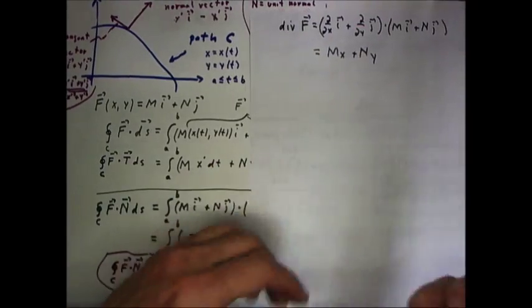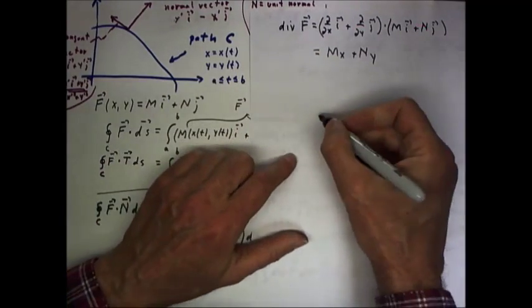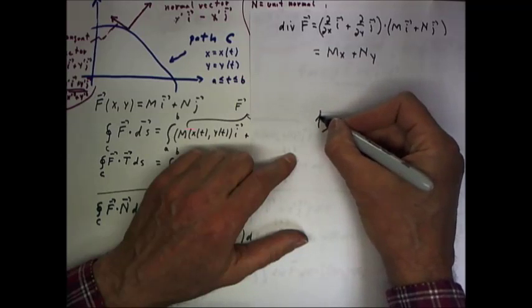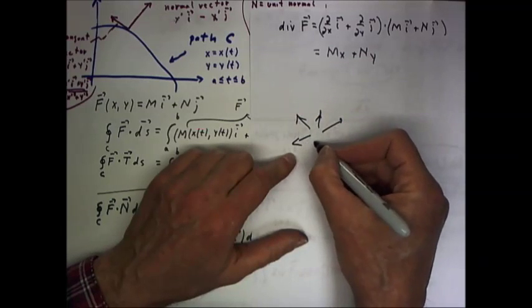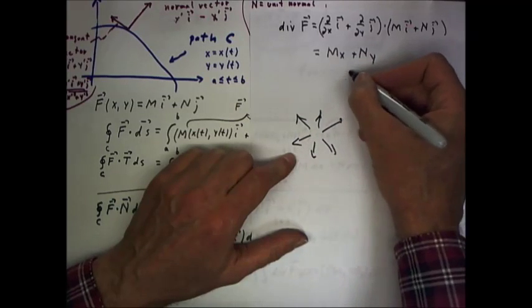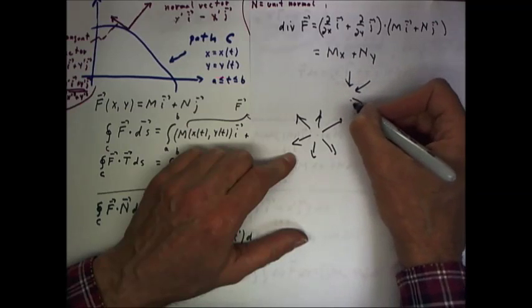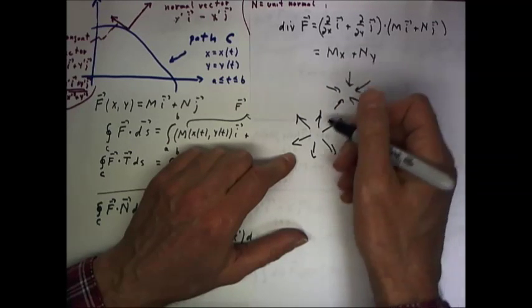You'll recall that a little bit earlier we looked at a vector field that maybe looked something like this, diverging from a point, or the opposite, converging on a point, which would be a negative divergence.